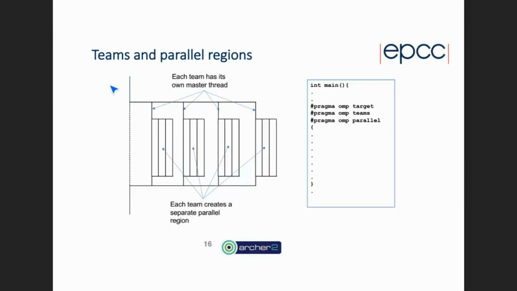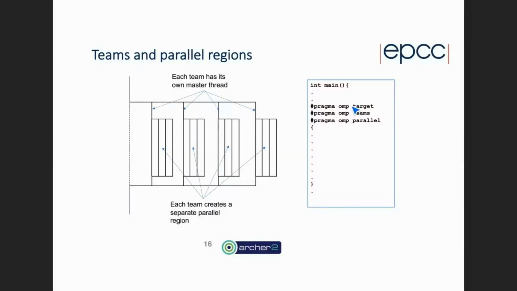So it kind of looks like this. When we offload, you can do a target region which contains a teams construct, which then also contains a parallel construct. The target does the offloading.